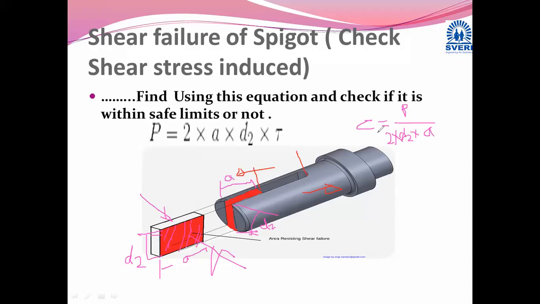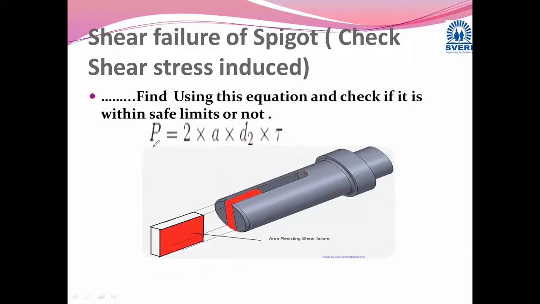That is just keep all this to the other side, and we can calculate it in terms of P, where it is calculated as P is equal to 2 into A into D2 into tau, where tau is the shear stress, right?